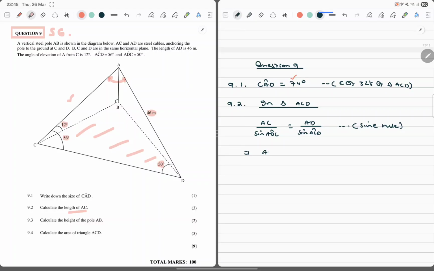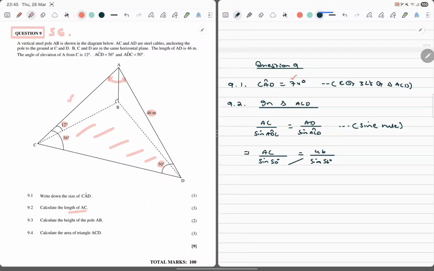So AC over sine 50 degrees is equal to 46 divided by sine 56 degrees.